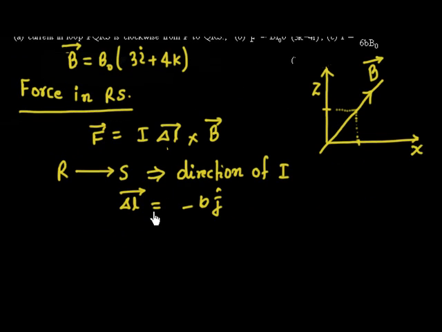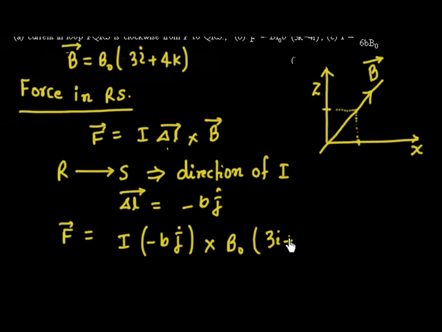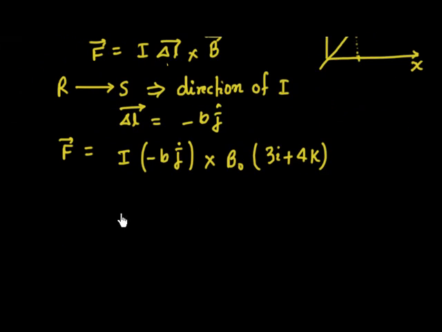Now let us calculate I dL cross B. So the force is I times the magnitude, and I know dL is minus b, and cross B. What is B? B is nothing but B naught (3i plus 4k). So this is the value. Now if you calculate this, you will have B naught I b.